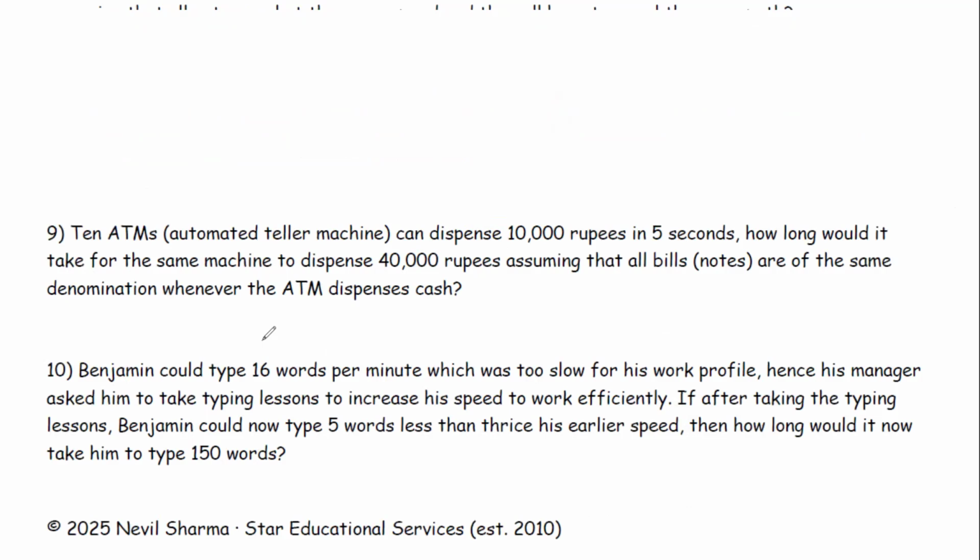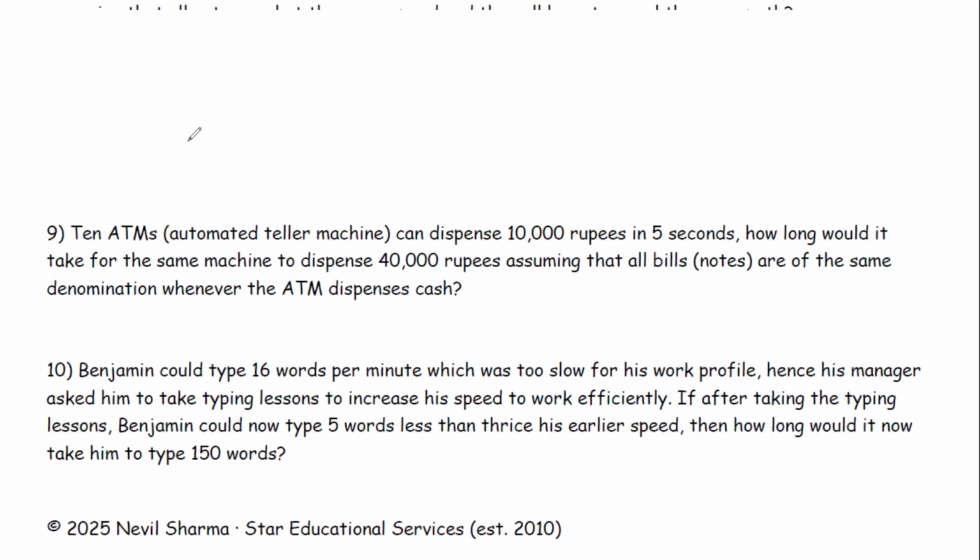Correct? Right. So this is what I need to assume, that there are no notes like, the real situation is you'll get 500 rupee notes, 100 rupee notes, or 200 rupee notes. But I'm assuming that all the denomination is same, so that this question makes sense to solve it in the concept that I've taught you.